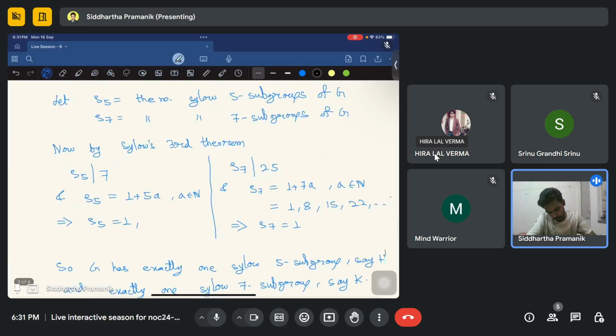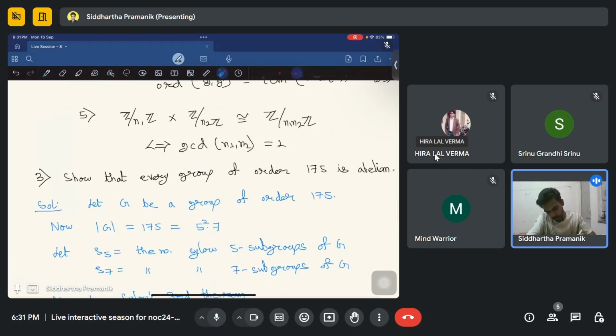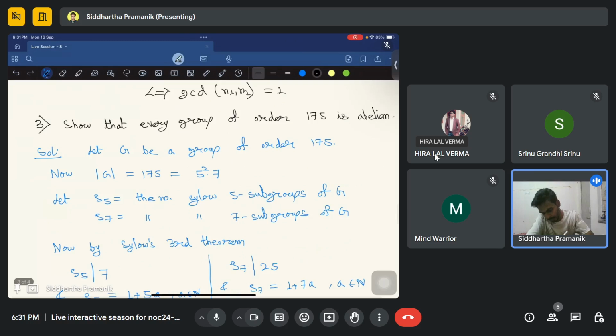So we have proved that every group of order 75 is abelian. So observe that this is a group of order p squared times q, where p and q are distinct primes.